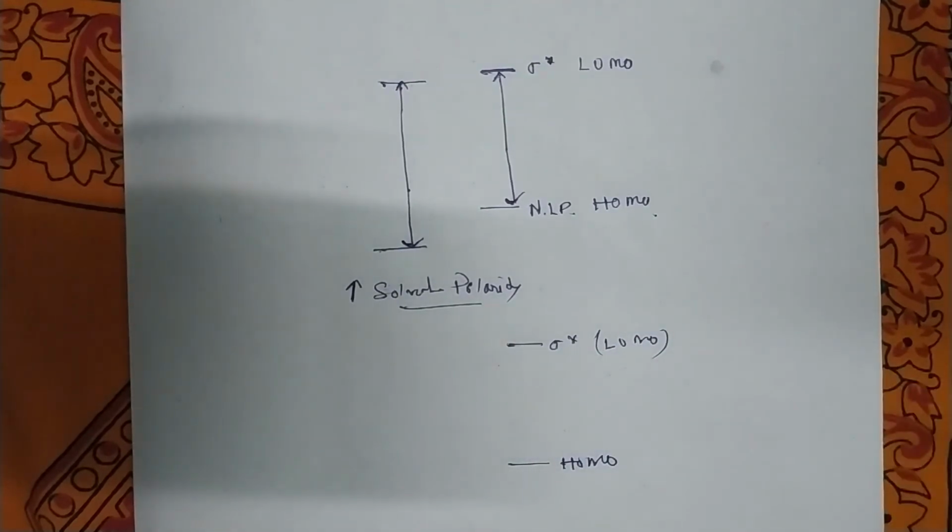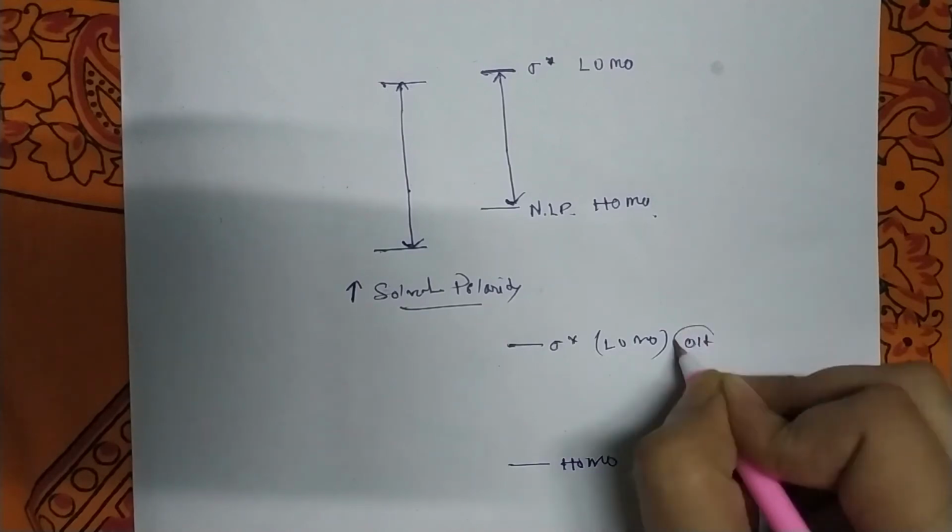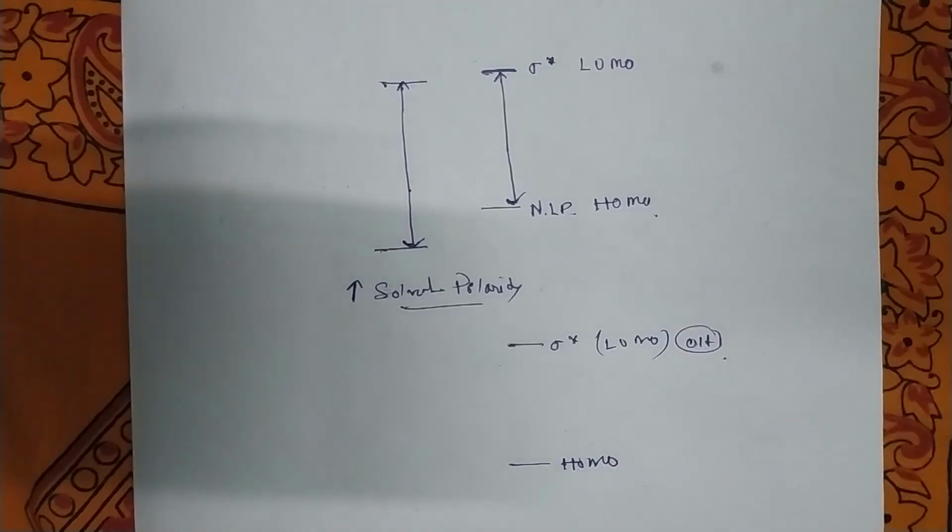Now try to visualize that if we replace the OH, this is for the OH, if we increase the electron withdrawing ability of the anomeric group, that is the group attached to the anomeric carbon, we all know that in the molecular orbital diagram, if we increase the electronegativity, then the energy of the molecular orbital decreases.